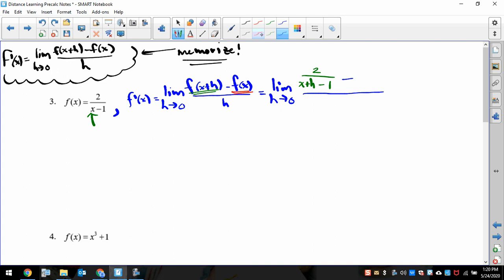So this is going to be minus 2 over f of x is just this, so 2 over x minus 1. So there's f of x plus h. That's this right here, f of x plus h. And here's f of x. And we're taking the difference, and then in the denominator, we just want an h. We want a blue h, ideally. There we go. Okay, let's keep going.